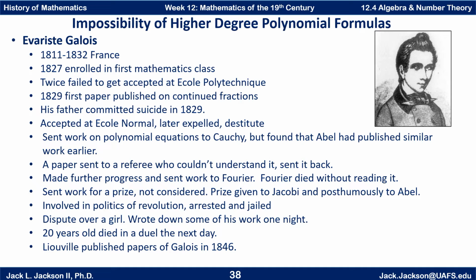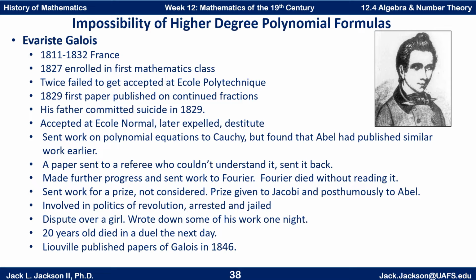He was on the side of the revolutionists, but at one point the monarchy was reestablished. He was arrested twice and jailed once, eventually got out of jail, and then there was a dispute over a girl. And we don't know for sure if the politics had anything to do with it.